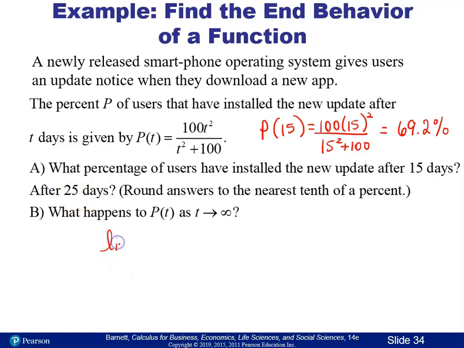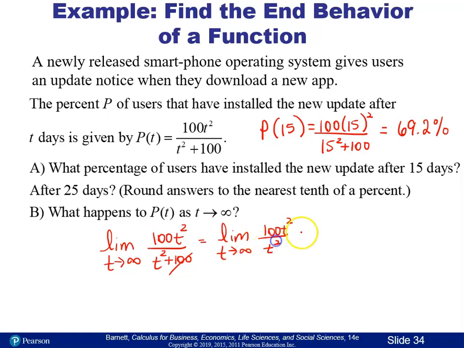If we look at the limit as t goes to infinity of this expression here, we can see that this would not be really significant. So basically we're looking at the limit as t goes to infinity of 100t squared over t squared.